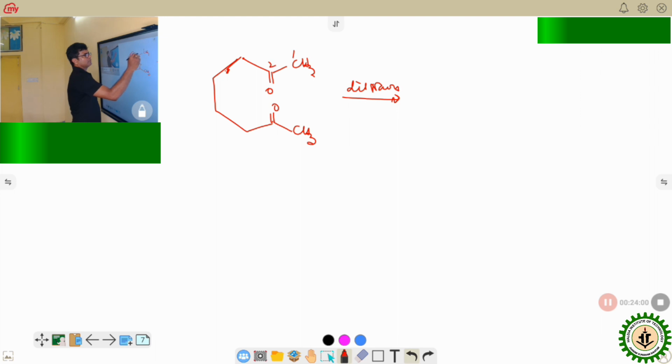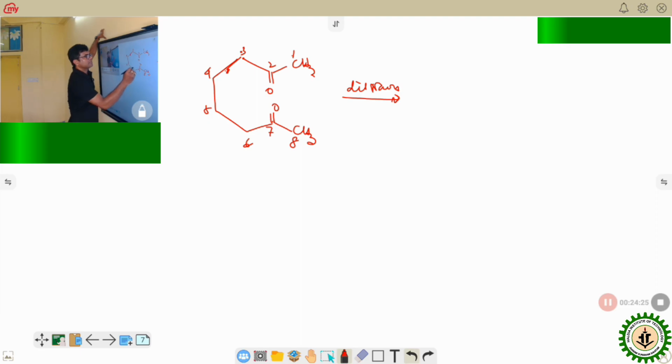So 1, 2, 3, 4, 5, 6, 7, 8. Now the first step is the formation of the carbanion at the alpha position. That carbanion is formed from either this side or this side, meaning either from the C1 or C8 side, or C3 or C6.